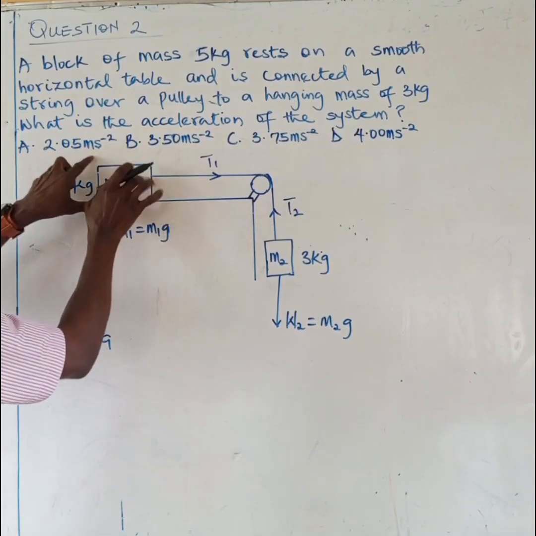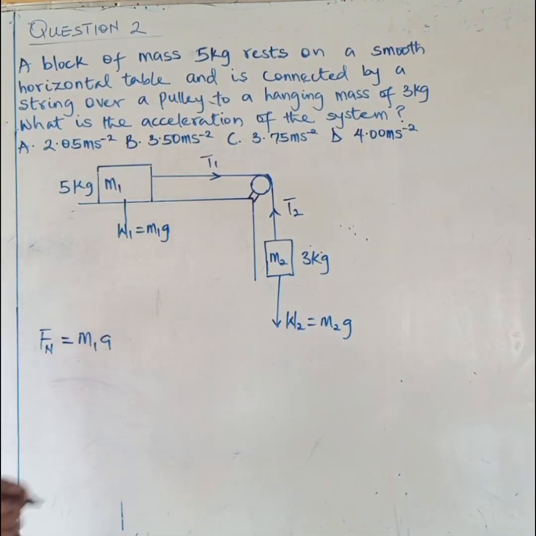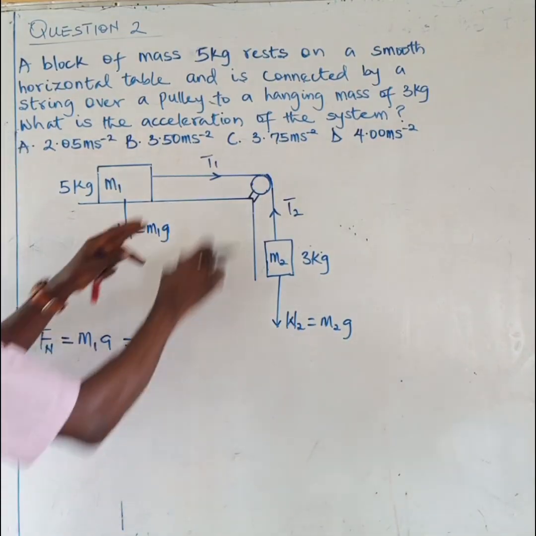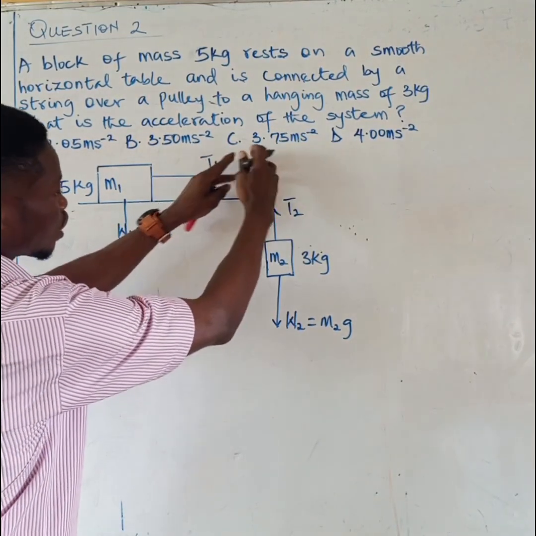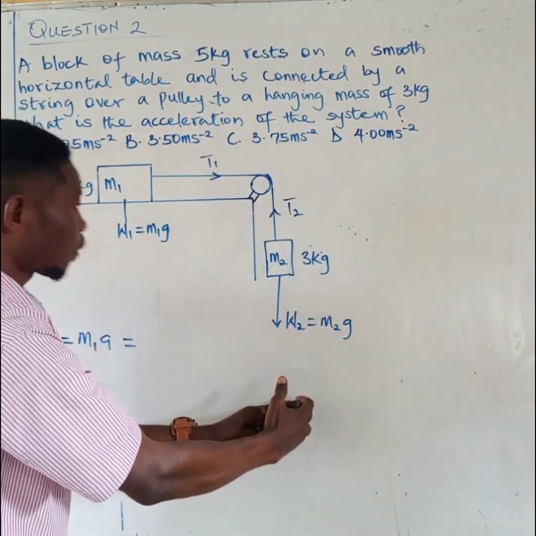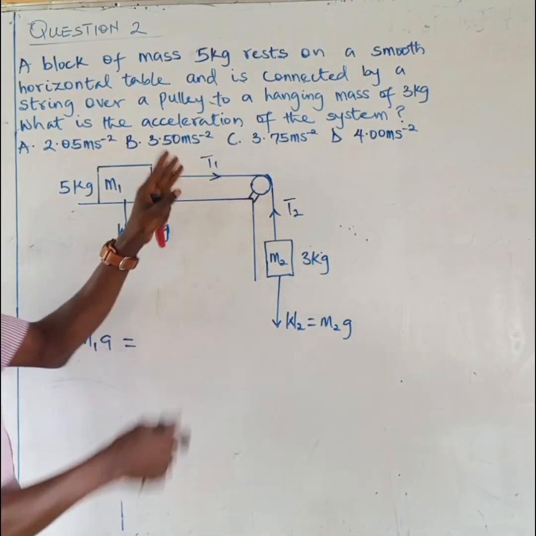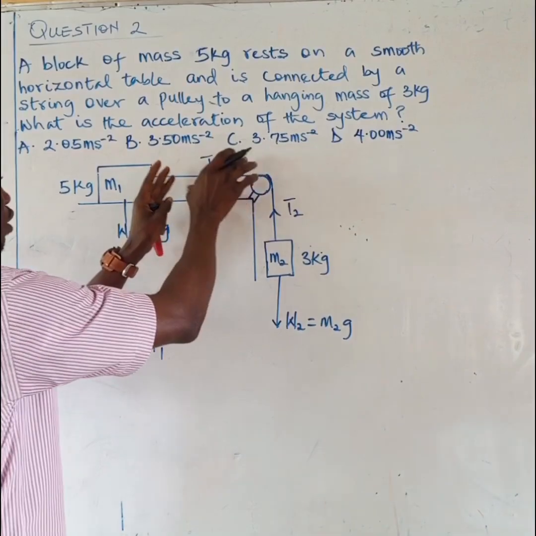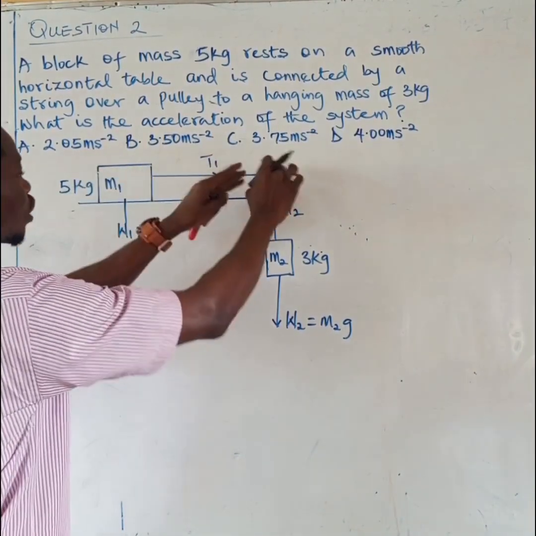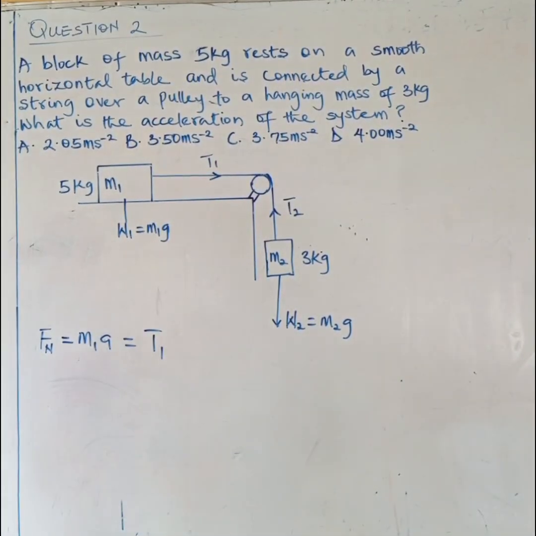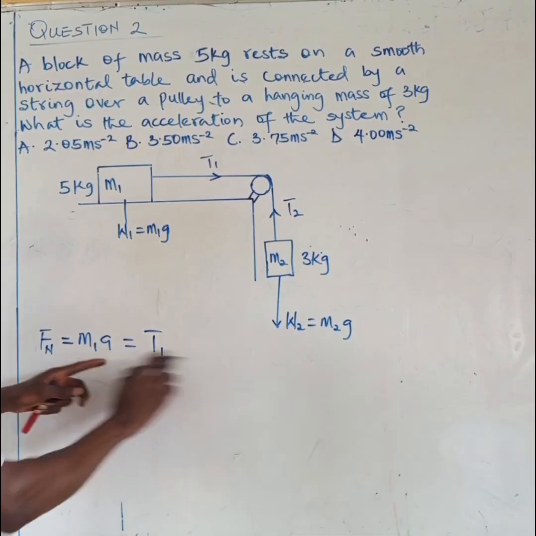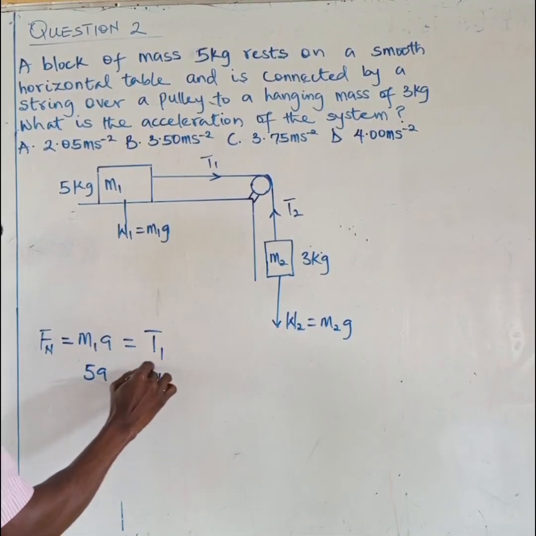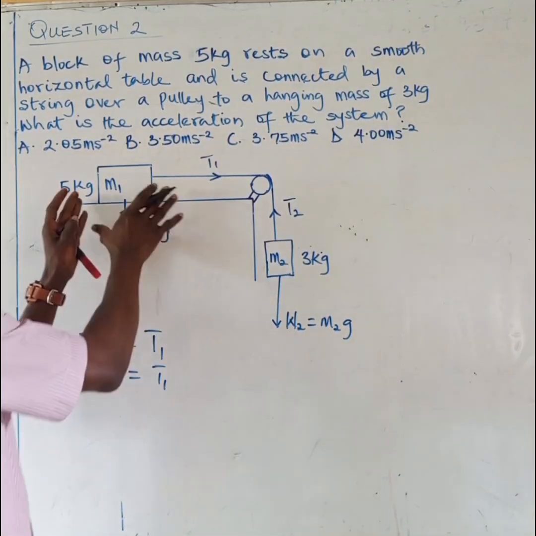Since we are talking about M1, we add 1 here. This will be equal to T1, since the motion is going to go down here, so it is in favor of T1. There's no other force that acts on this object in this direction apart from T1. If we substitute, we have 5A is equal to T1. That is for this mass.